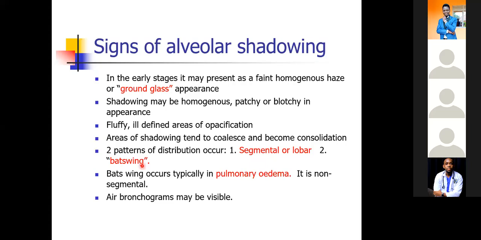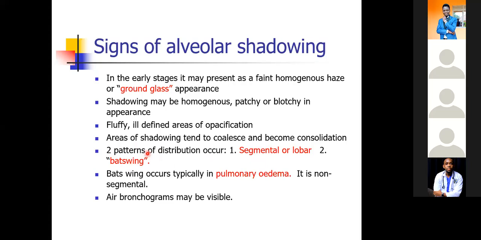The third one is the one which is neither segmental nor bat swing in appearance. We are bringing up this still to further help us narrow down on our differentials at a later date.